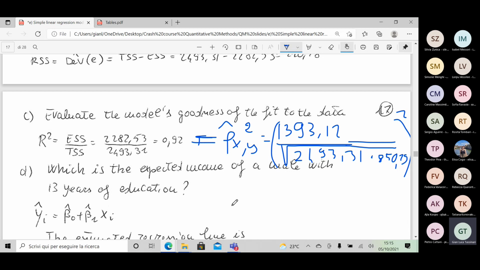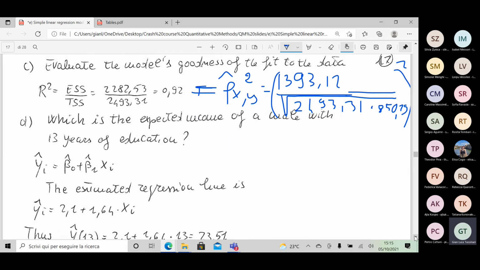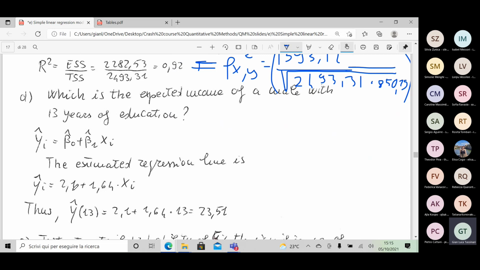Well, you have your estimated straight line. Which is your estimated straight line? y_i equals 2.1, which was the estimate beta 0 hat, plus beta 1 hat, which was this one, times x_i. So you have simply to insert into x_i 13, and here to put it in evidence, I wrote that y hat, the forecasted level of annual income for an individual with 13 years of education, is simply obtained by substituting here into x_i 13 and by doing the computation.